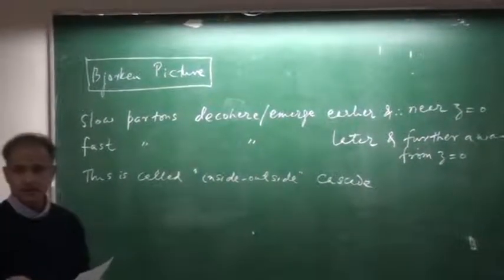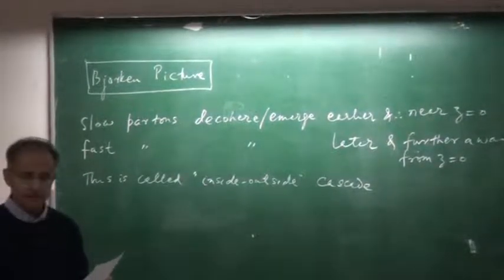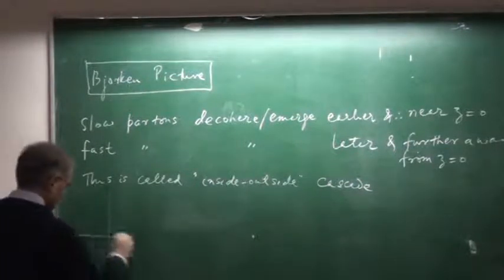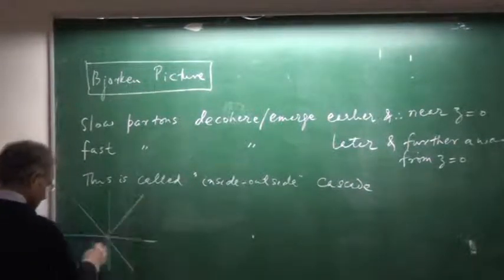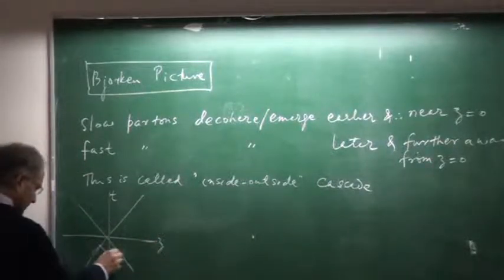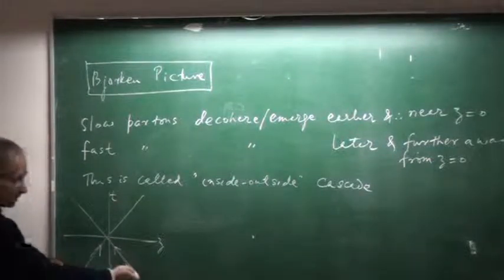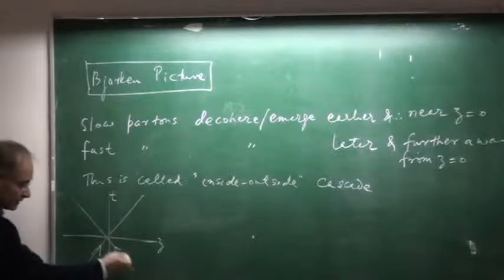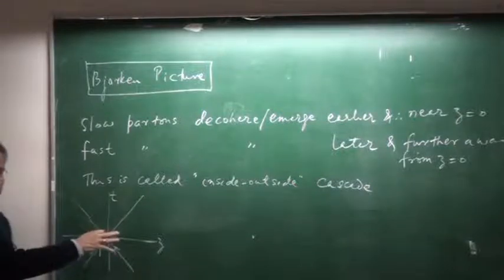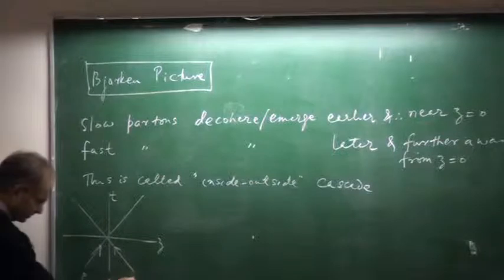Partons, or the large x partons, continue to move more or less along their light cone trajectory. The two nuclei are approaching each other along these lines. We are working in 1+1 dimension for simplicity. This is the projectile and this is the target.